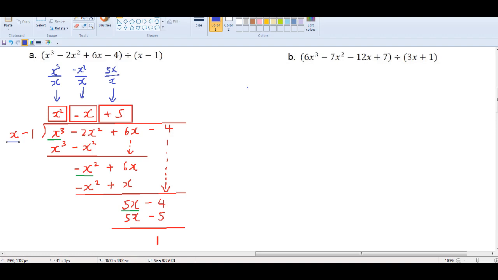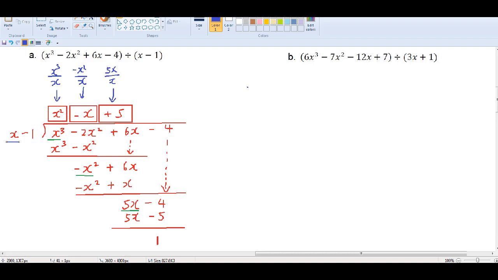The green underline means the leading term each time, and the blue underline means the leading term of the divisor. Always take the green underline, the leading term, divided by the leading term of the divisor, then you get the term you need to multiply the divisor to create a new line.